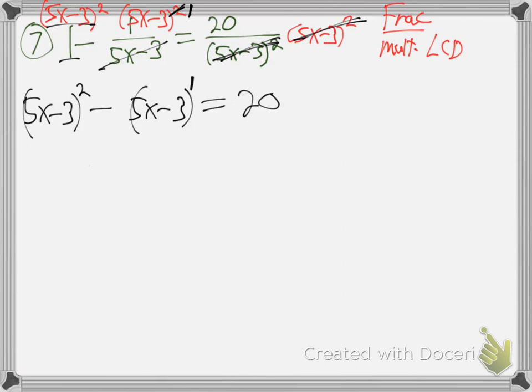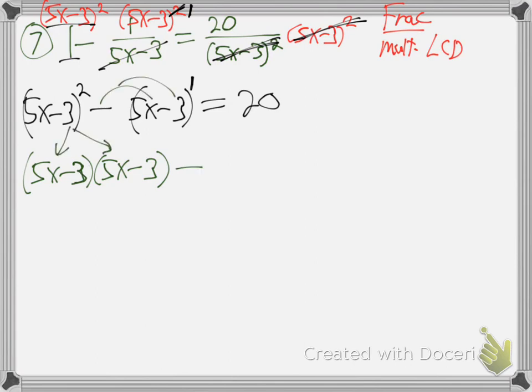Does that make sense? Now let's take it from there. This is going to be 5x minus 3, 5x minus 3, right? This breaks into 2 of them. Now this minus sign, boom, boom, minus 5x plus 3. And then we're going to FOIL this out. Boom, boom.